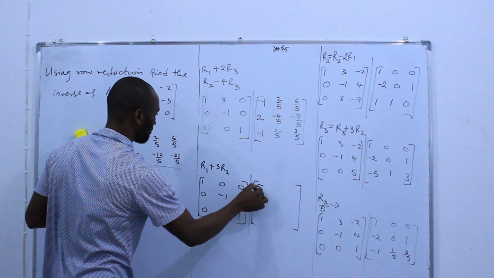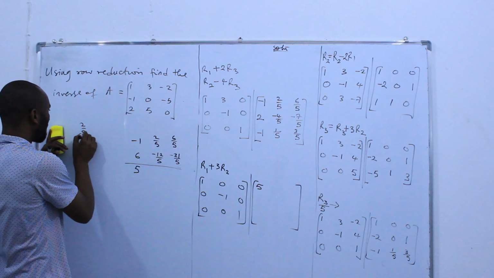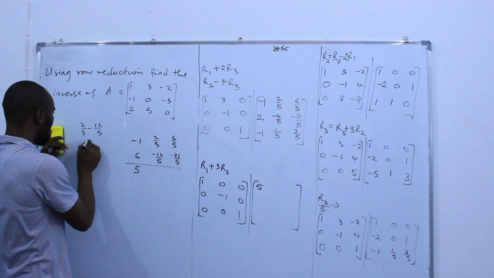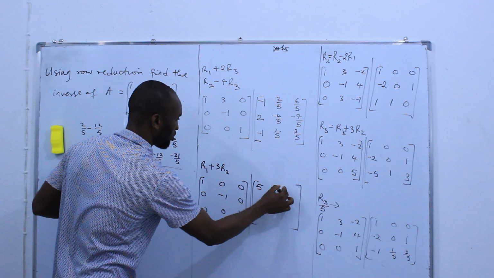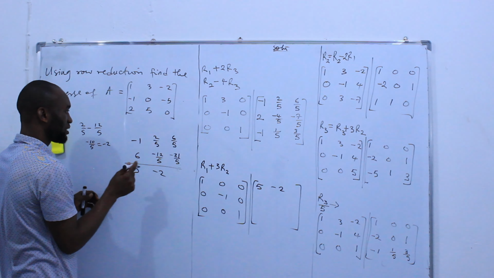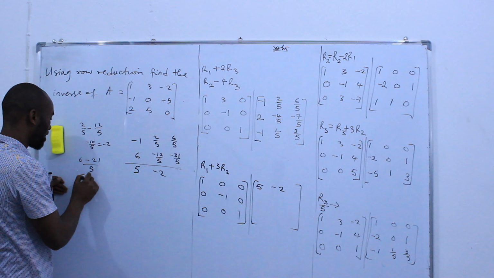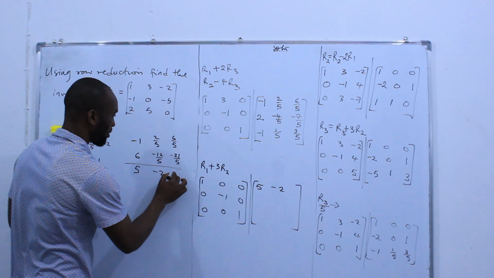That is 5 there. 2 over 5 minus 12 over 5 will give us minus 10 over 5, which is minus 2. Minus 2 there. And then this and this will give us 6 minus 21 over 5, which is minus 15 over 5, which is minus 3.